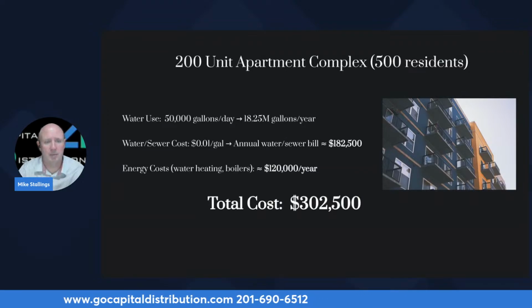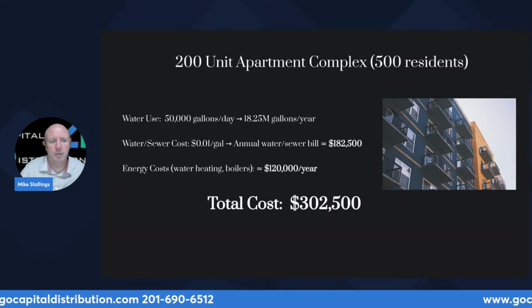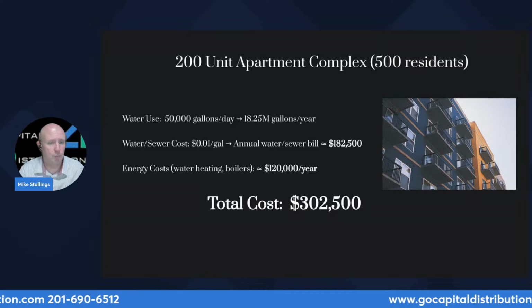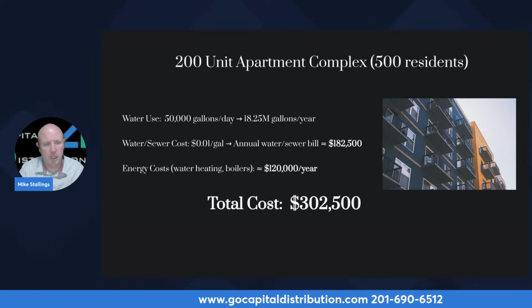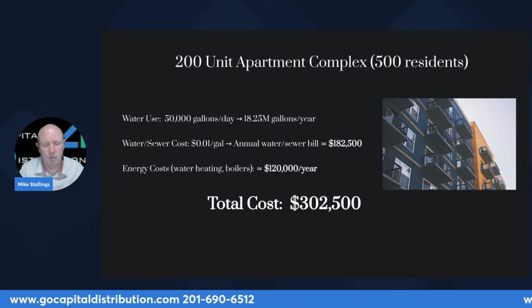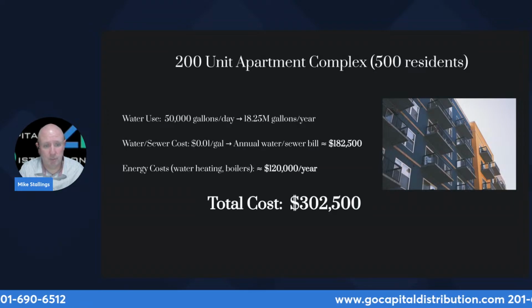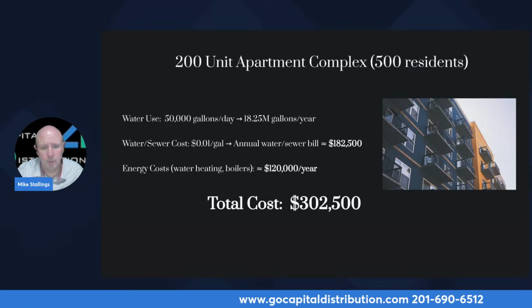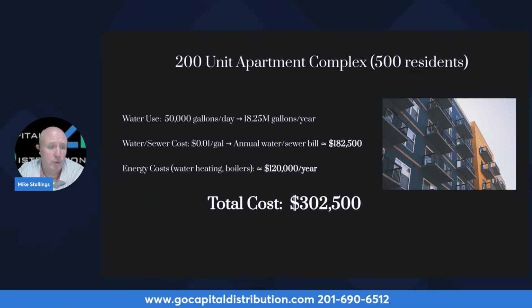Just to give you an example, and these may not be the exact numbers for your property, but on average, a 200-unit apartment complex might be using 18 million gallons of water a year, spending about $182,000. I think this number is a little high, but energy costs about $120,000 a year. So your total between the two is about $300,000.